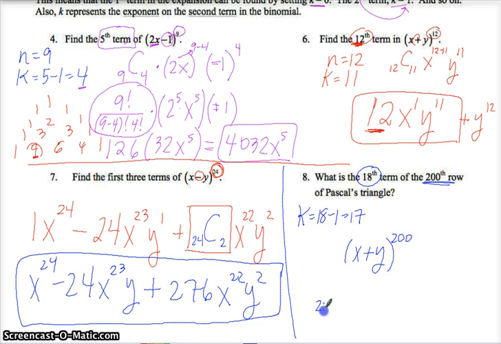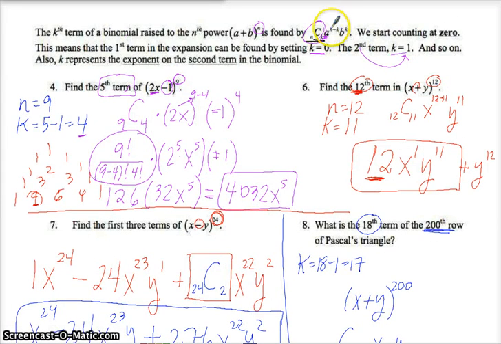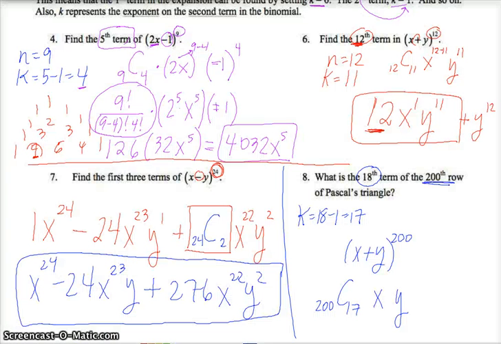So we know we're going to have 200 choose 17, x to what power, y to what power. So remember, what is it? Look at the formula. It's n minus k. So it's 200 minus 17 here, which is 183. And then this has to be 17 here, because they always have to add to 200. So 200 choose 17 is a huge number. Yeah, I thought so.